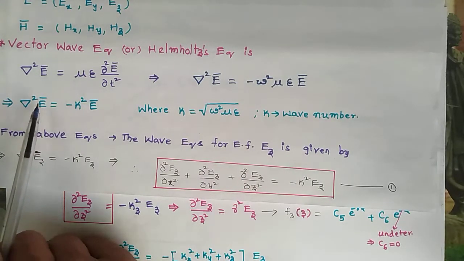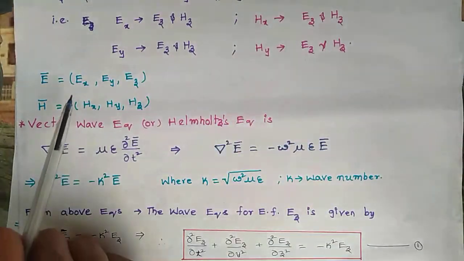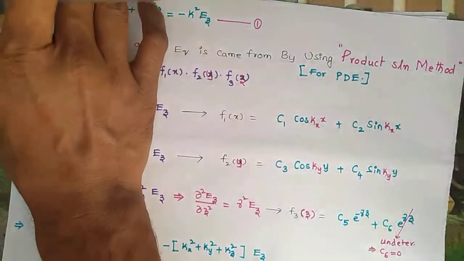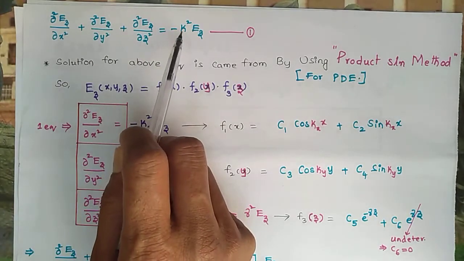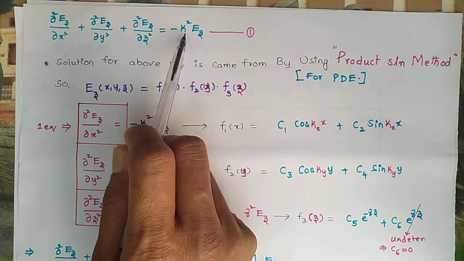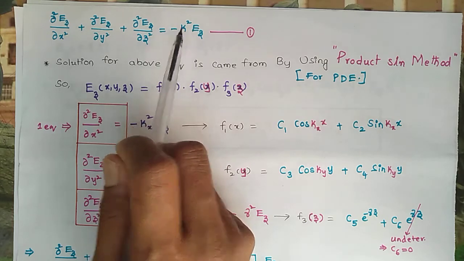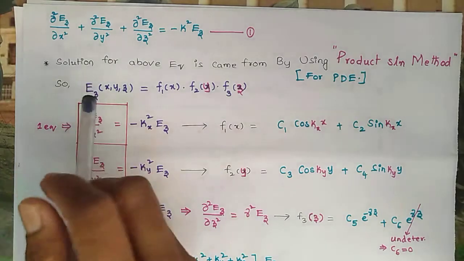But the electric field has three components, Ex, Ey, Ez. That's why I wrote the equation like this. In place of omega square mu epsilon, I am considering the value k square.